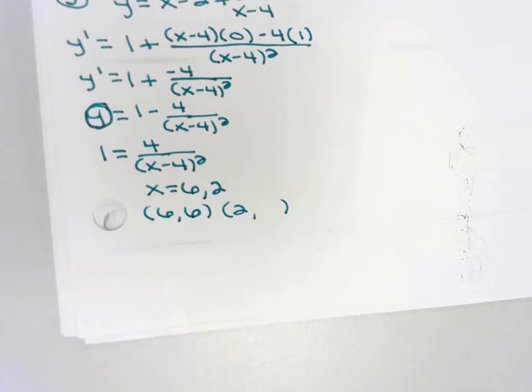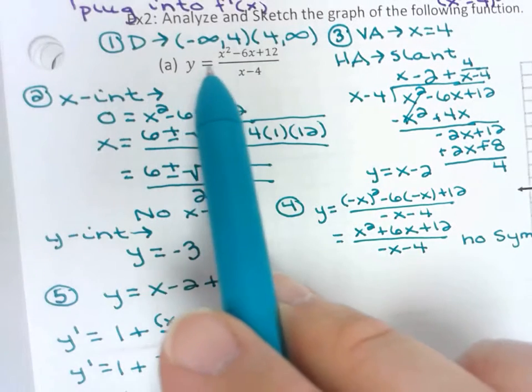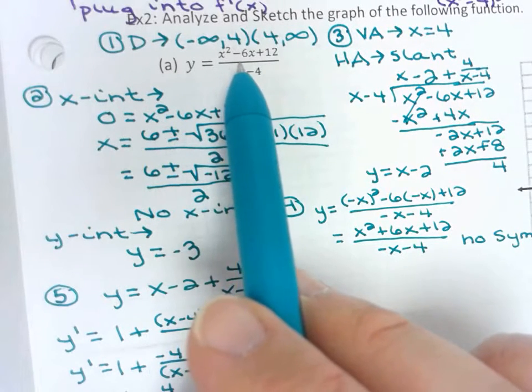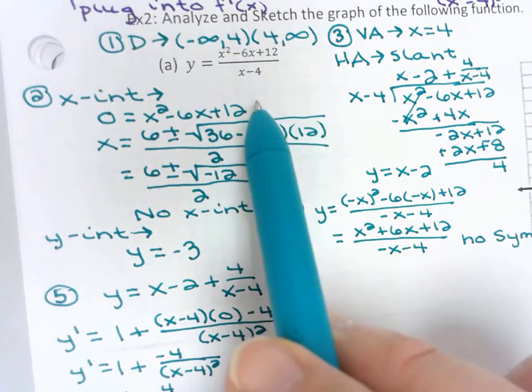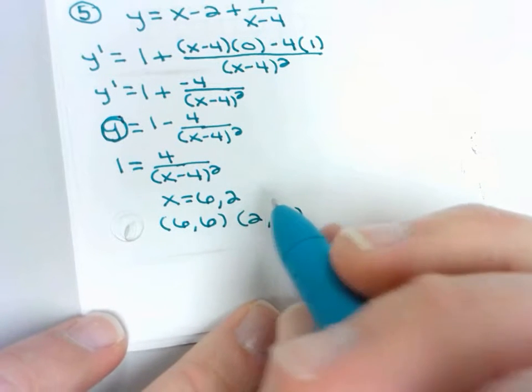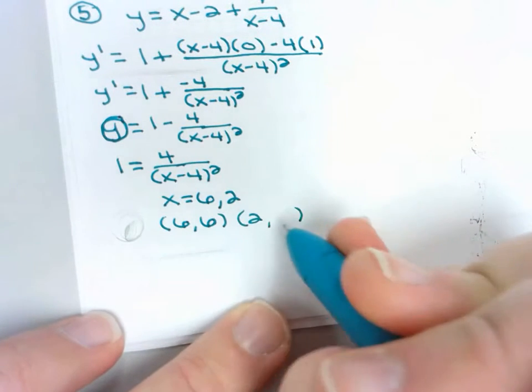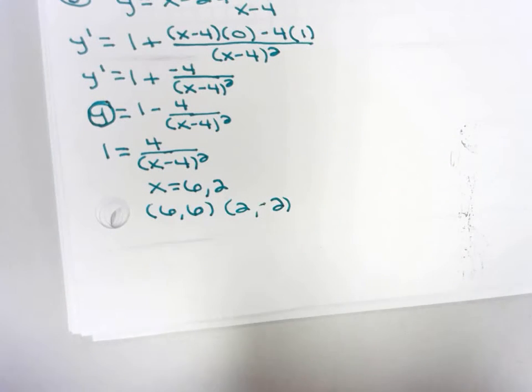If I plug in a 2 to the original, I'm going to have 4 minus 12, which is negative 8, plus 12. 4 over negative 2, which is negative 2. So 2, negative 2.